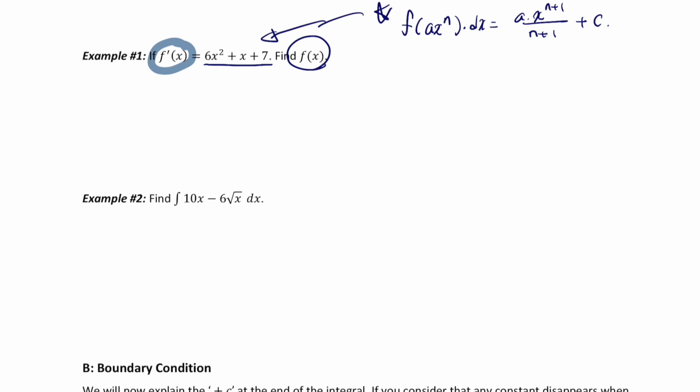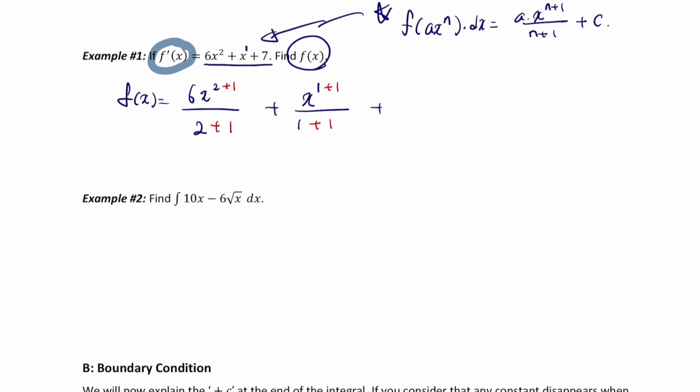So what we need to do is, the original function is the same as, we add 1 to that power, right? And divide the whole term by that new power. And then we do the same thing for the next one. So x actually has a power of 1, right? So we do x to the power of 1 plus 1, and divide the whole thing by that new power.